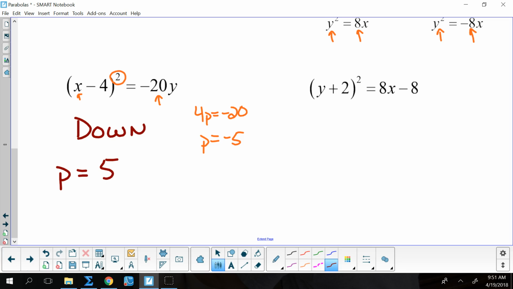And then the coefficient for x is positive, so that just leaves me with right. Yep. So I've got y squared, that makes it left or right. And the coefficient on my x is positive, that just makes it right. What's p equal to in this case?